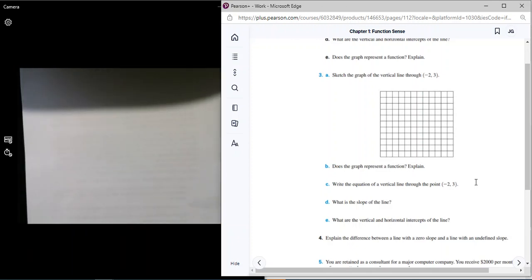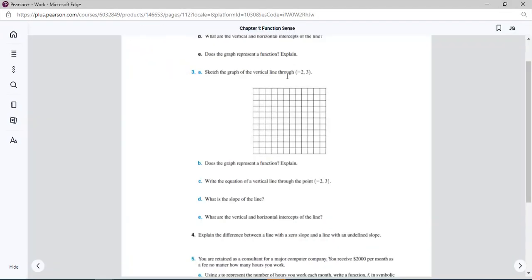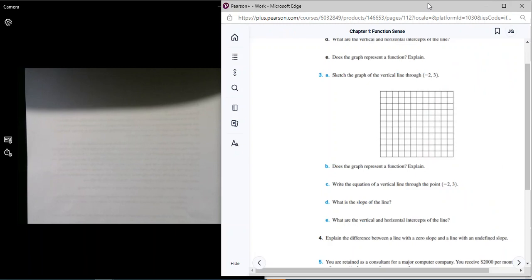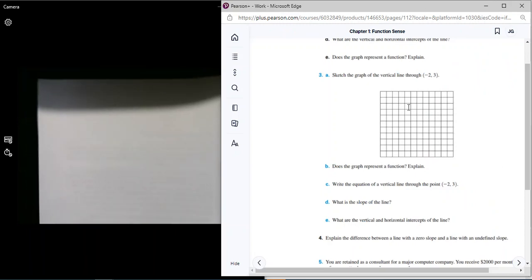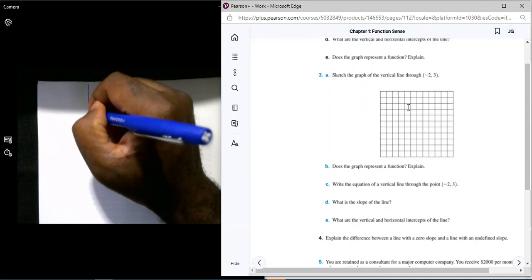All right, so now if they ask us for a vertical line, we know a vertical line goes straight up and down. So with that being said, they used to have a marker on here, but it doesn't look like they have a marker on here anymore. Okay, so with that being said, I'm going to draw a small little graph here.